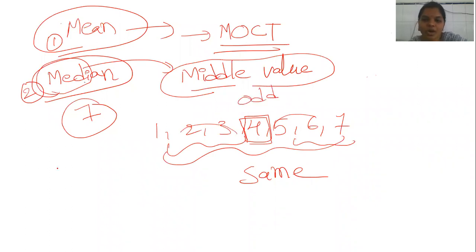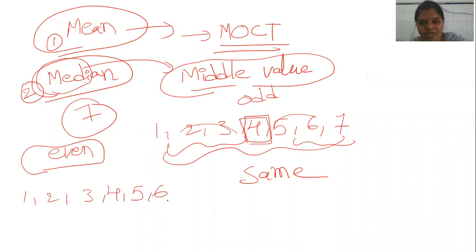If your data has an even number of observations, say 1, 2, 3, 4, 5 and 6, suppose this was the data given as your problem. These numbers consist of an even count. Count the number of observations. Those are 6, and 6 is an even number. In such cases, you have to take the middle numbers to calculate the median.